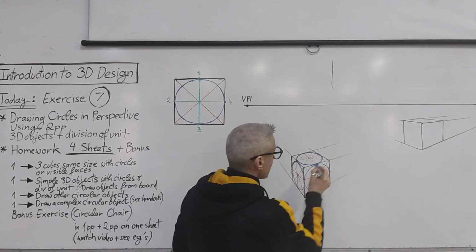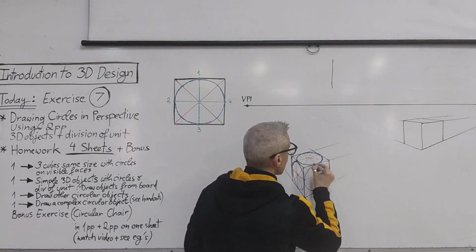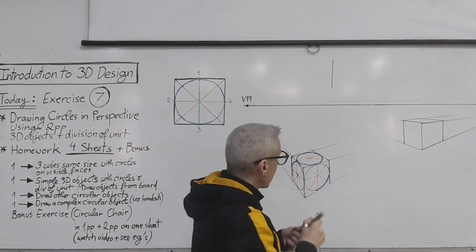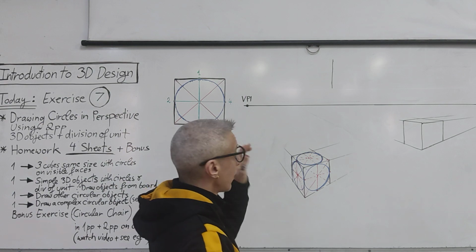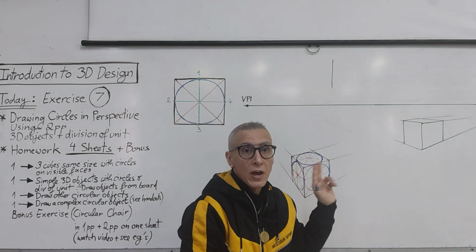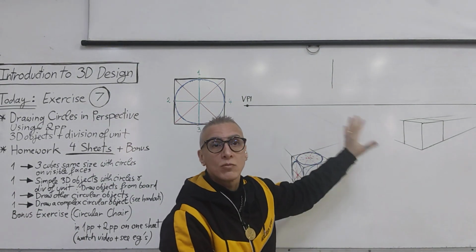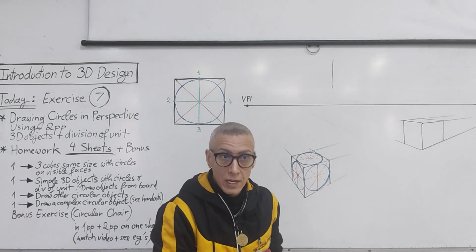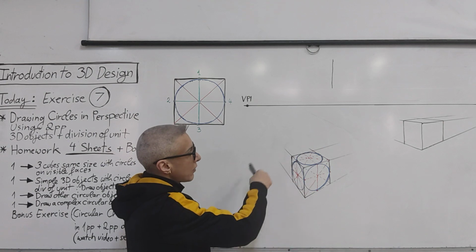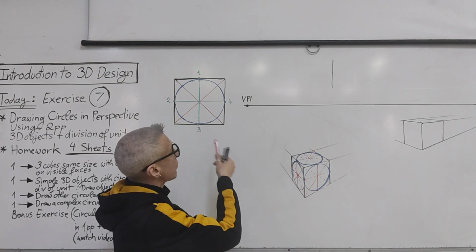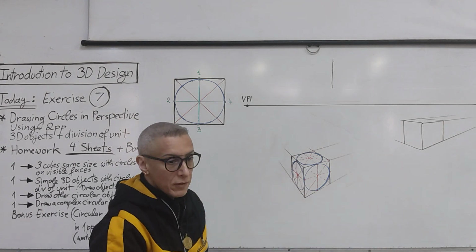So, basically this is what you need to do for the first sheet. Draw 3 cubes of the same size in the space where you put them. I don't care, okay? But we need 3. And you will draw circles inside the 3 visible faces according to the rules that we described.